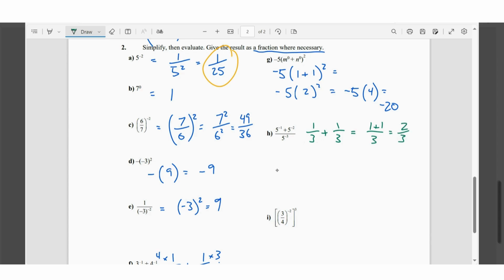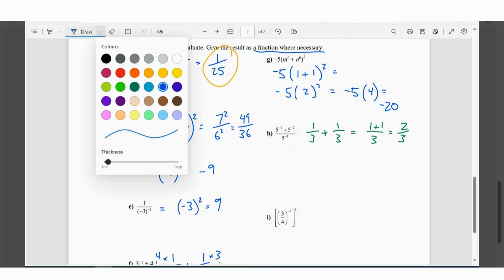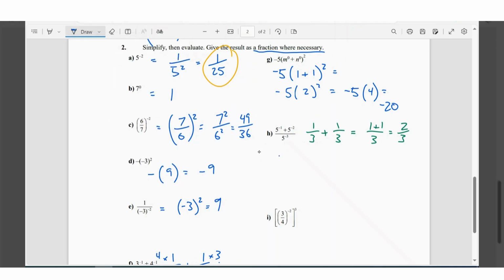So when we have something like this, we could... Okay, I got cut off right when I was getting excited. So what I want to show that we actually have here is you could think about this as 5 to the negative 1 over 5 to the negative 3 plus 5 to the negative 2 over 5 to the negative 3.